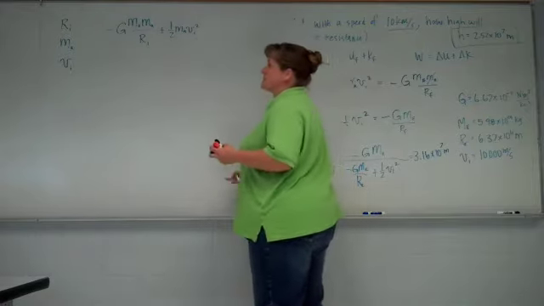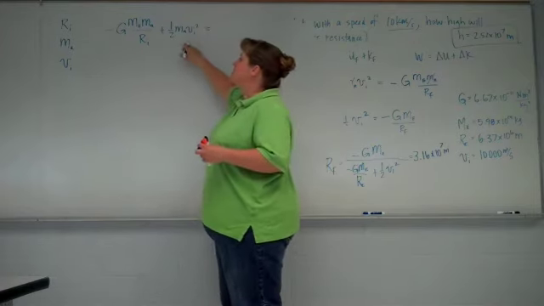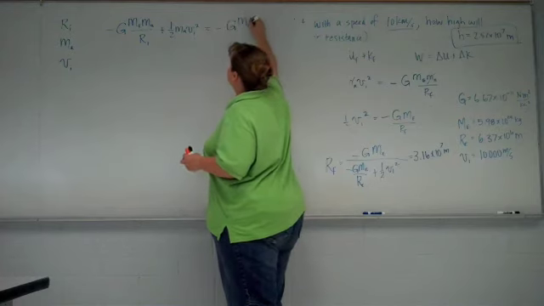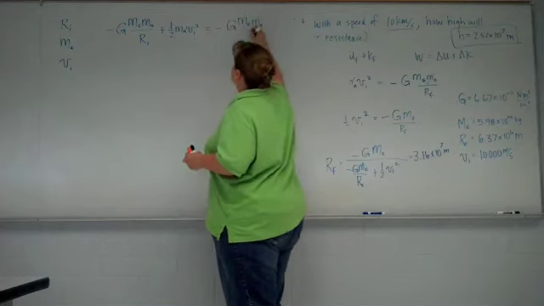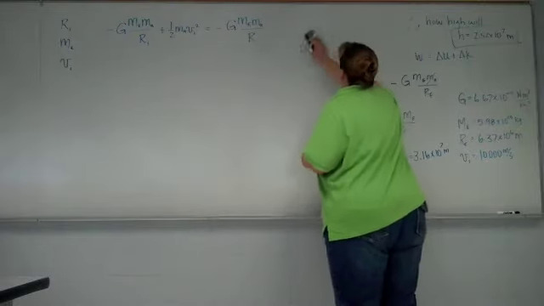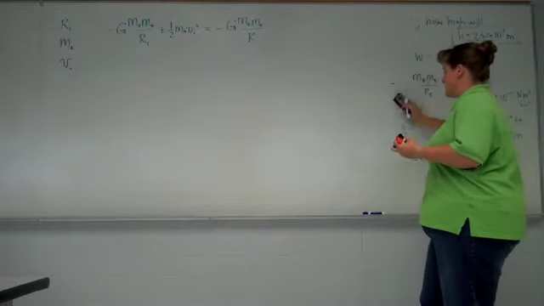You are told to ignore drag. So all the potential and kinetic energy you start with has to equal the potential energy. What's the final R? Radius of the Earth, exactly right.